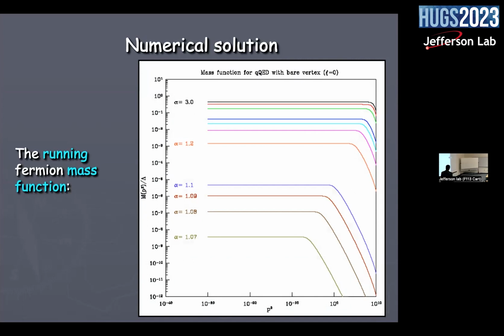If we had done the solution numerically, what you find is the following. This is what we have drawn here, the mass function m of p squared as a function of p, numerically solved without any linearization or anything, divided by lambda, because we have regularized the theory, we have not renormalized it. So what we draw is m divided by lambda.